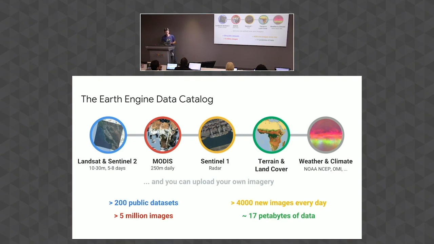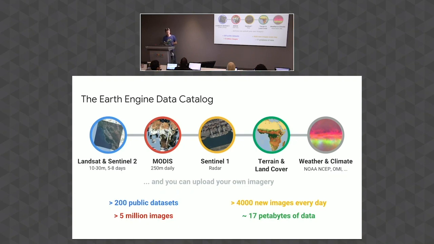The Earth Engine data catalog is pretty vast and growing. It started off with the Landsat collections. We were trying to focus initially on deforestation in the Amazon, and the Landsat collection was freely available data at that point, public domain data.